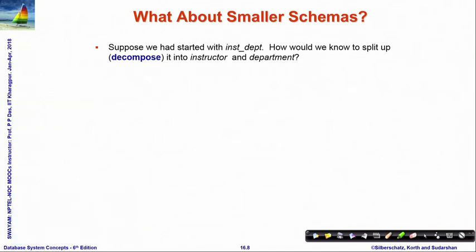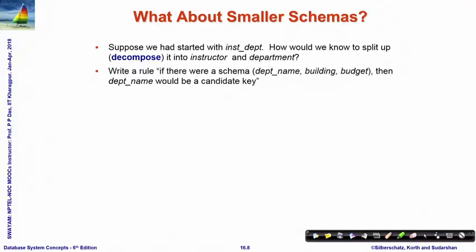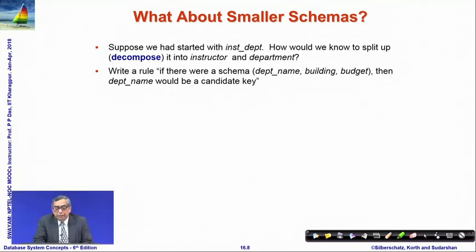Now if we want to look at the other side, that if we make the schema smaller so that we avoid redundancy, then what we see from the combined inst dept relation that we saw. Let me just show you once more.